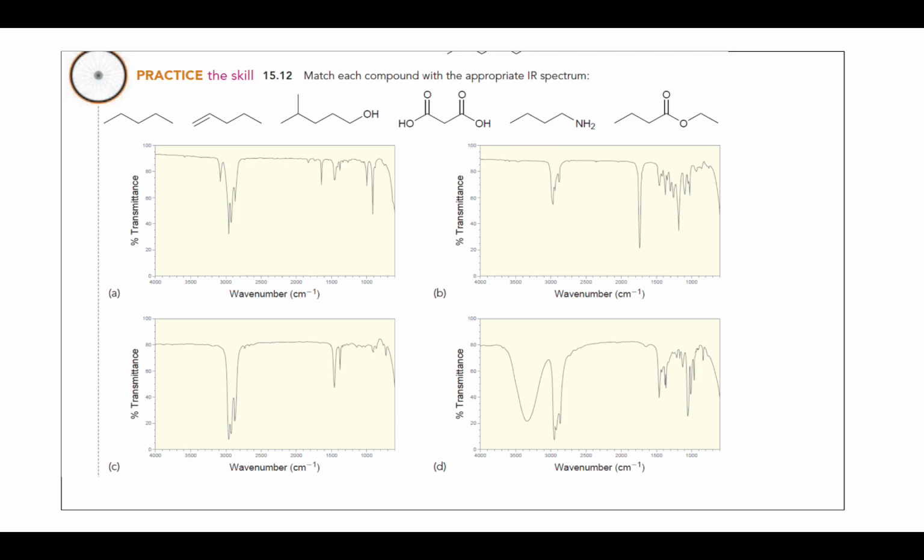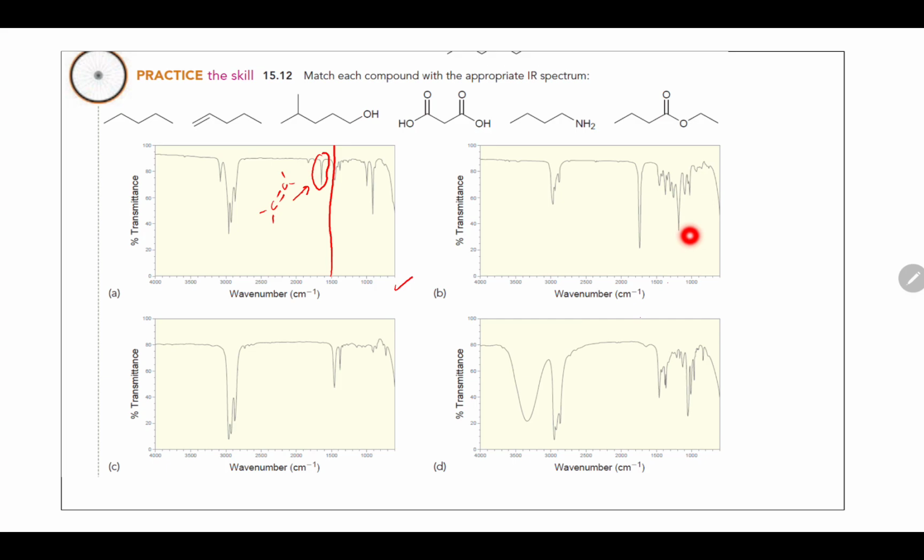And in this question here, again, we have to match the structures with the different spectra. Starting with the first one. Around 1500, I can see that there is a short peak here. So definitely this is a carbon-carbon double bond.